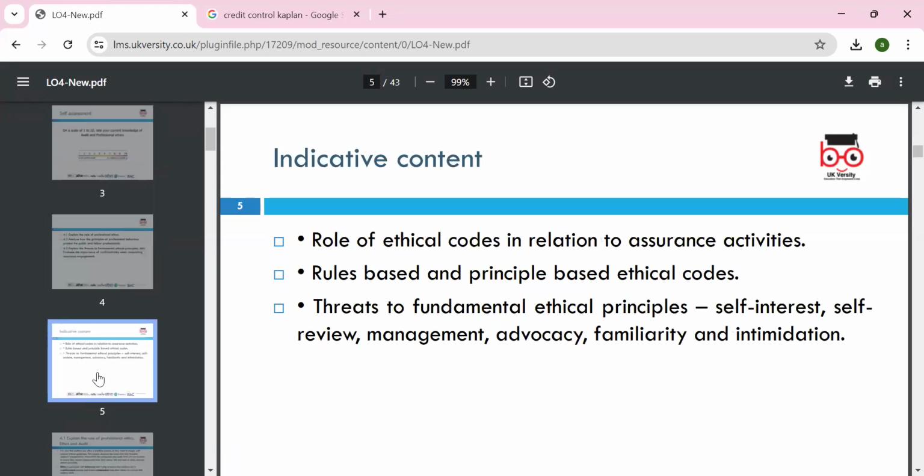So in today's lesson the indicative content will go through the role of the ethical code in relation to assurance, rule-based and principle-based. There are 2 types of approach: rule-based and principle-based. Rules are tick boxes, clear-cut, like GDPR, health and safety, money laundering, the Bribery Act. These are all the rules.